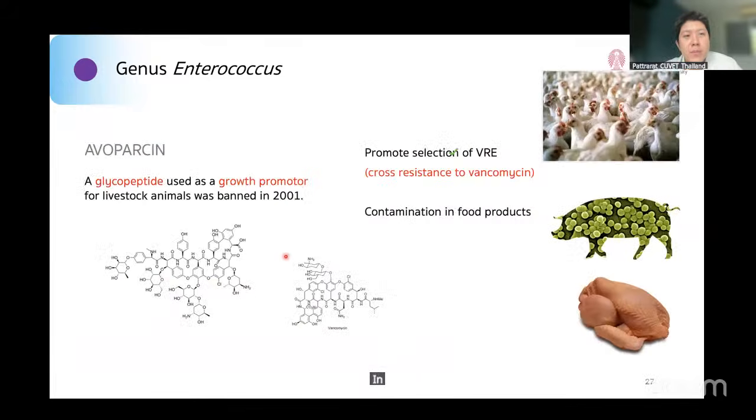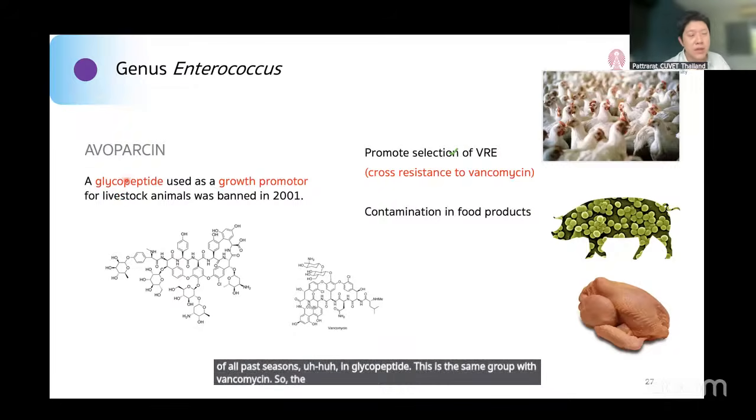In veterinary medicine, in the years before 2000, there was a drug called avoparcin. This is a lesson learned. Avoparcin is a glycopeptide used as a growth promoter for livestock. This is the same group as vancomycin.